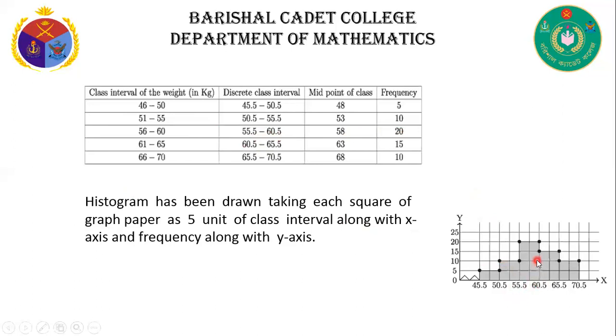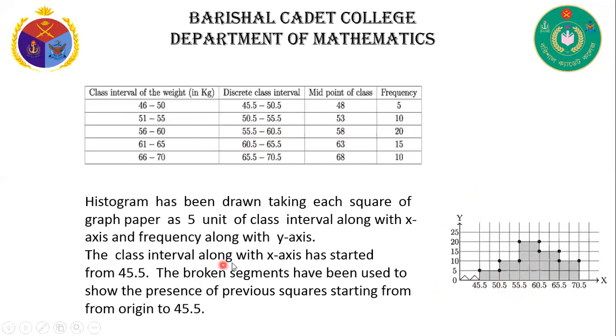Again, 60.5, the frequency 15. That's why we can write 65.5, that means frequency 15. Now, the class interval along the x-axis has started at 45.5, and the broken segment has been used to show the omission of the previous squares starting from the origin to 45.5. This is our required histogram.